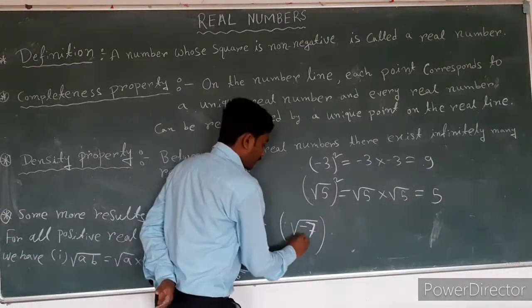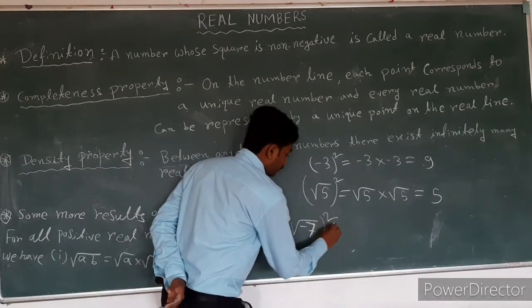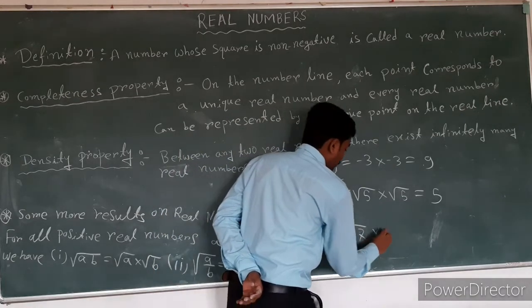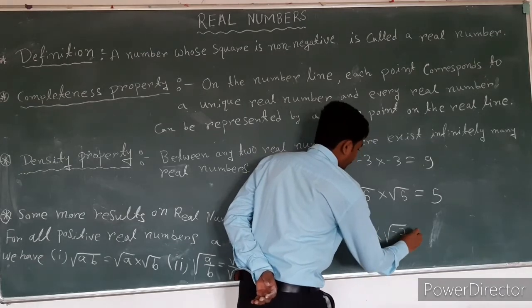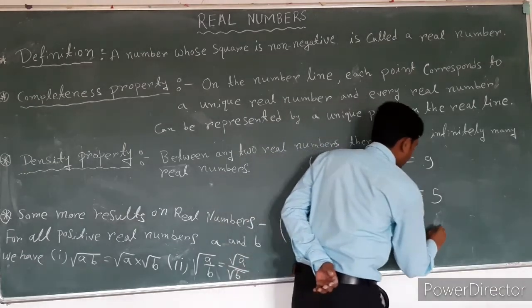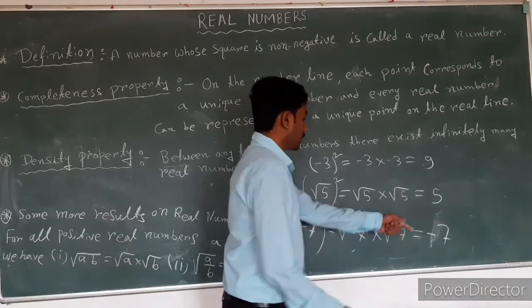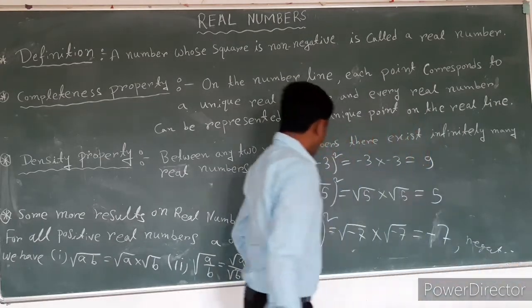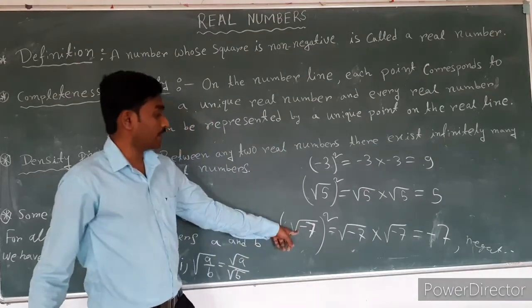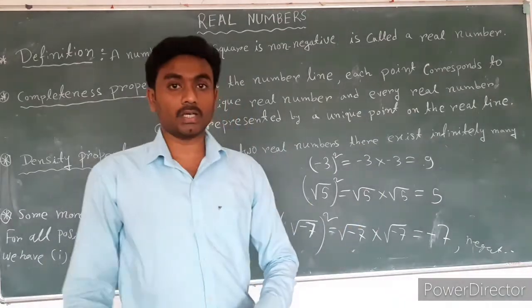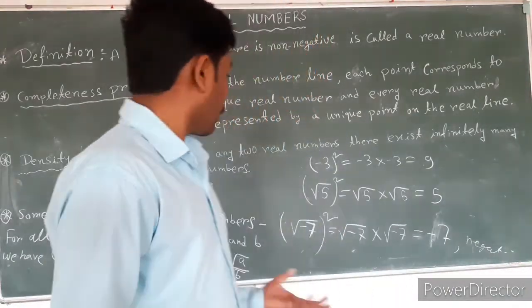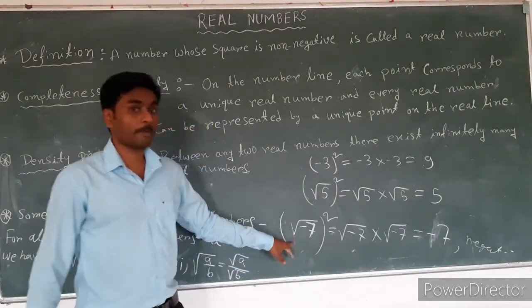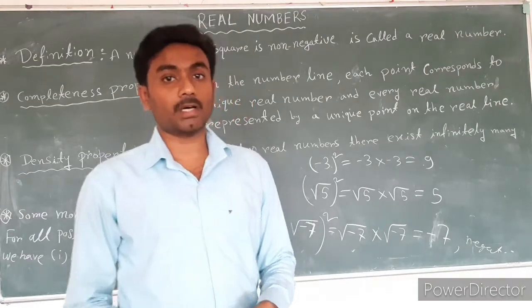So now (root -7) whole squared is equal to root -7 into root -7. We get -7, which is negative. So root -7 is not a real number. So what is root -7? This is a complex number.